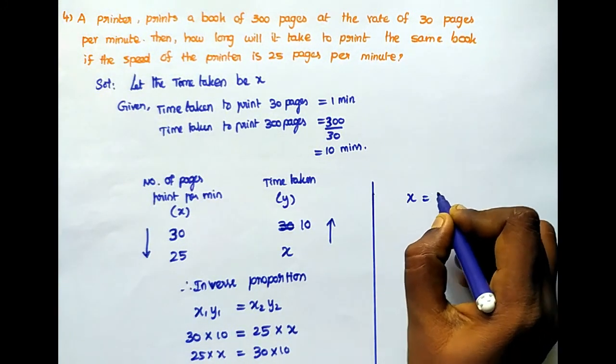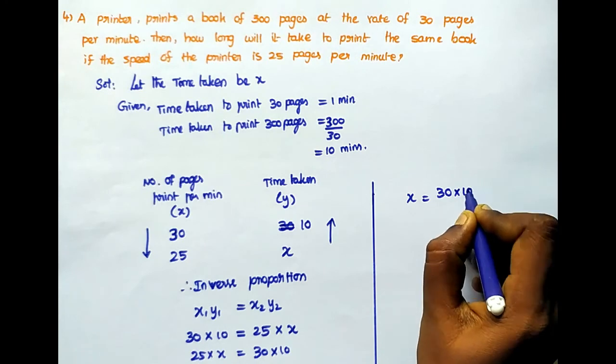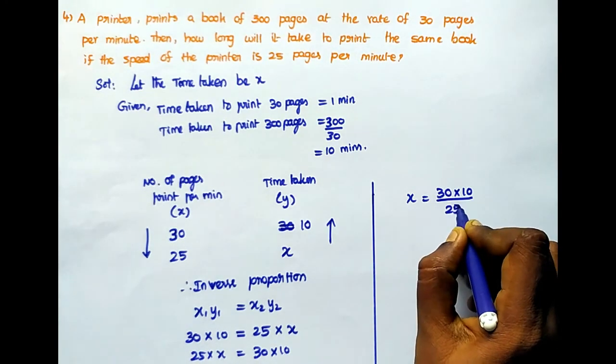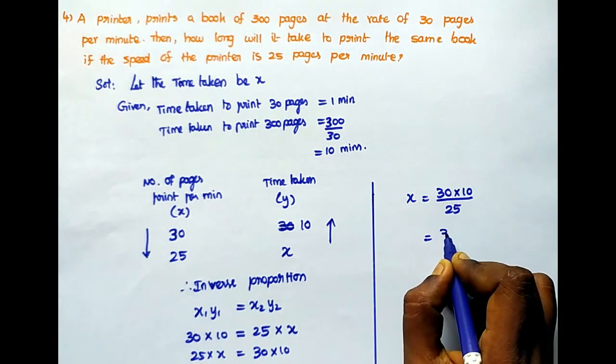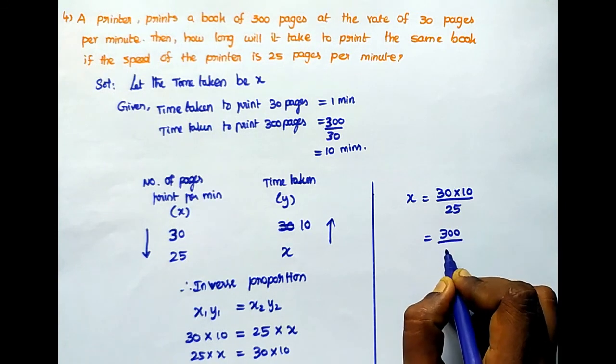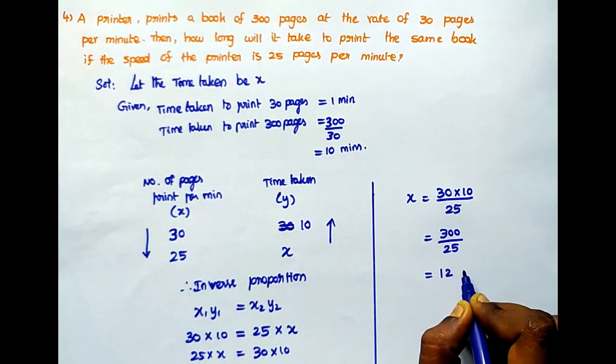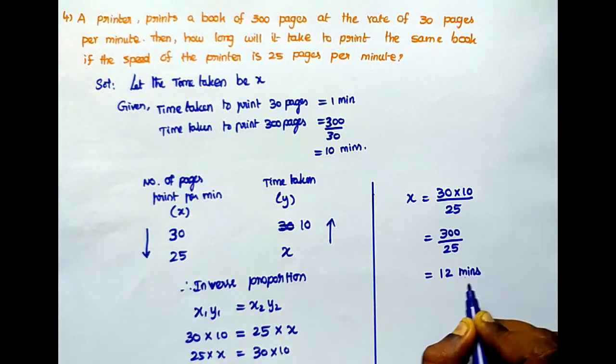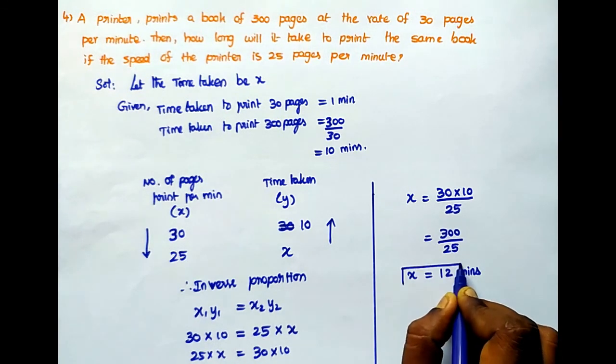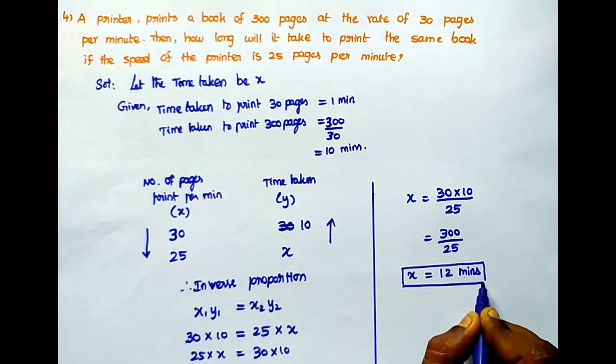So x equal to 30 into 10 divided by 25. So 300 divided by 25 means we get 12. So it will take 12 minutes to complete the book.